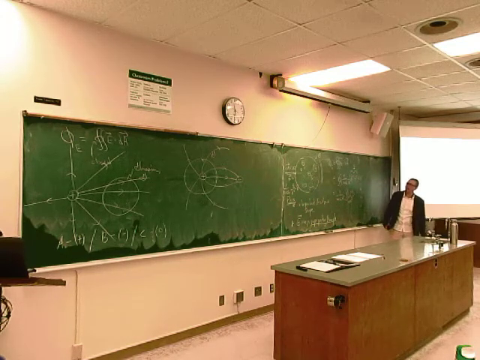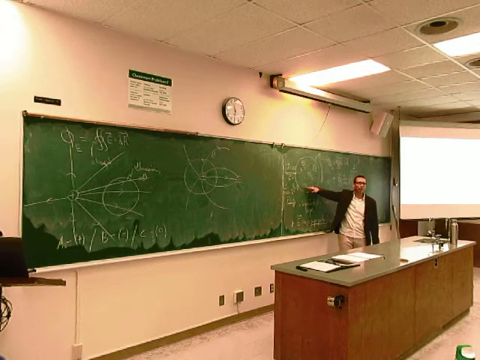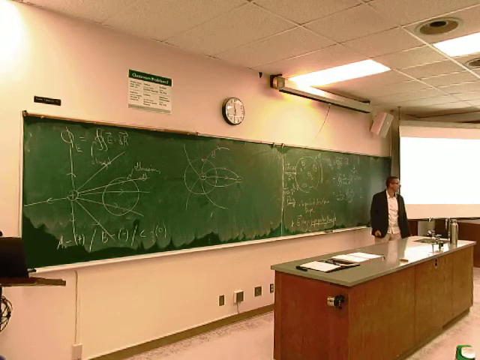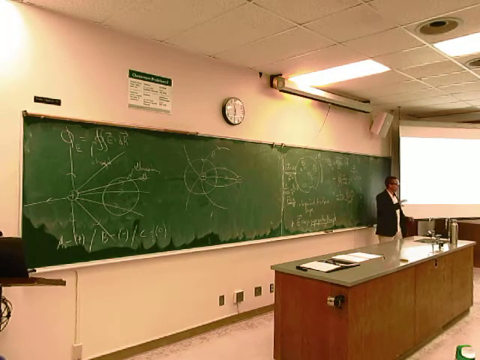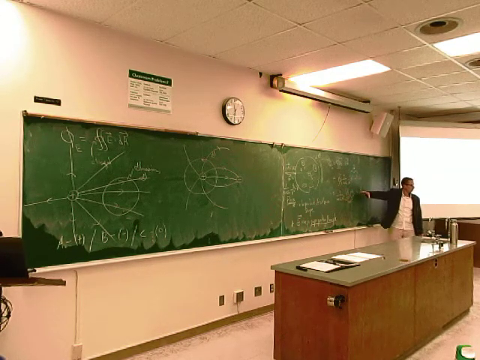So if we wanted to calculate the flux through a surface of arbitrary shape with multiple charges, we would just have to calculate the flux due to each individual charge, add them all up to get the total flux, and this same argument would go through.